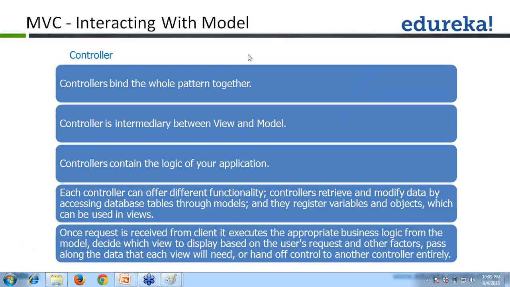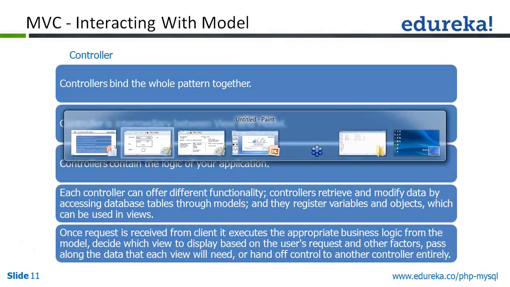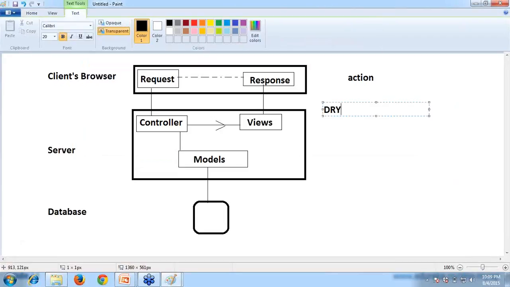So MVC, model view controller. Now there is another principle. MVC or any PHP based framework has something called DRY. DRY is nothing but don't repeat yourself. It's a programming principle we have. And there is also convention over configuration.